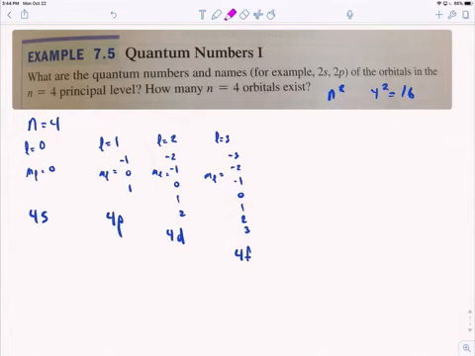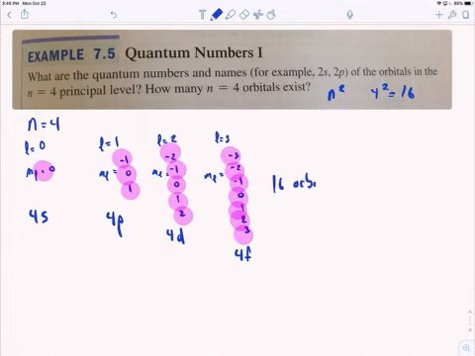How many orbitals are there? 1, 2, 3, 4, 5, 6, 7, 8, 9, 10, 11, 12, 13, 14, 15, 16. 16 orbitals, which can hold 2 electrons apiece, so it can hold 32 electrons in these orbitals.